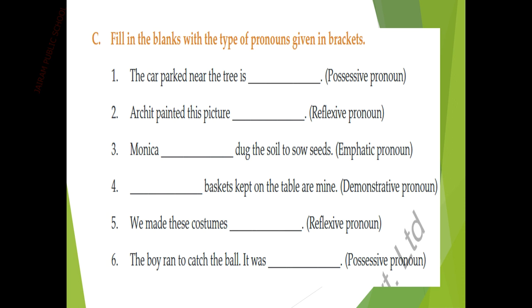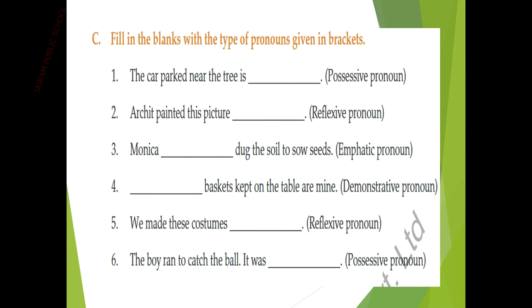Archit painted this picture dash. You should use the suitable reflexive pronoun in the sentence, for example, yourself, himself. So, which one is the right answer? For the second one, Archit means a male person. So, you should use himself. So, the answer is himself.